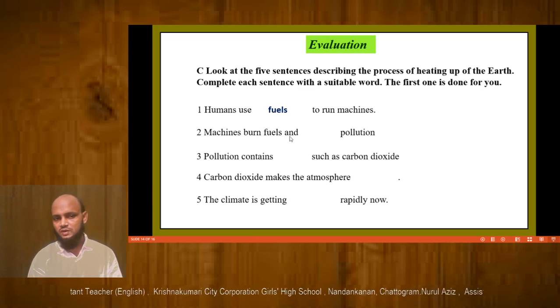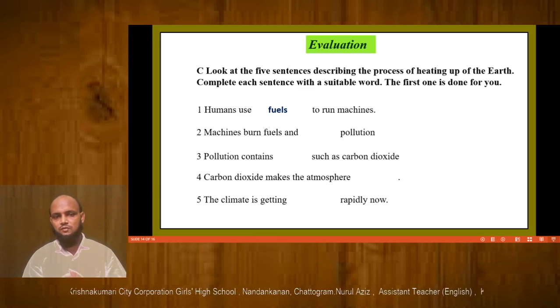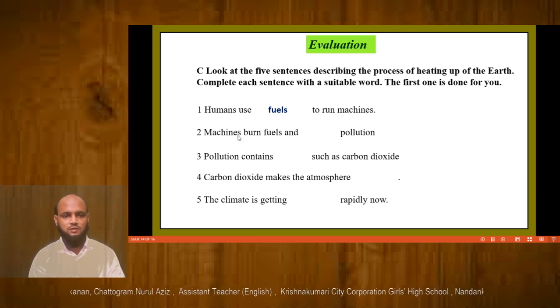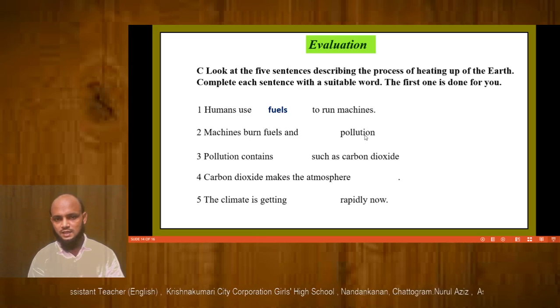Machines burn fuels and dash pollution. In this blank space, what should be the word you should write? Should this be a noun, pronoun, verb, adjective, what? Of course, this should be a verb. Why? Machines burn fuels, and this is a clause, and this is another clause.